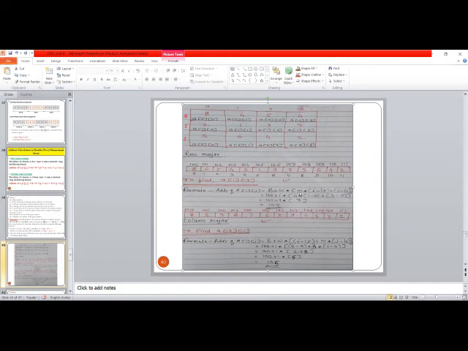Now here, how many columns do we have to skip in order to reach a particular cell? So total number of columns are what? 1, 2, 3 and 4. 4 columns are there. So we have to skip 4 columns, right?